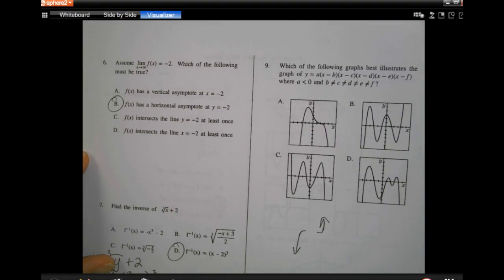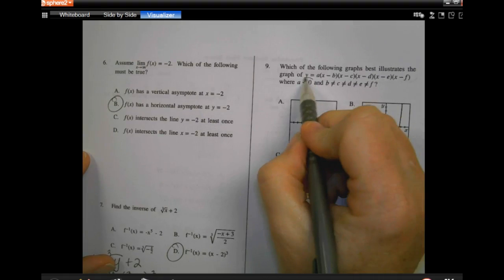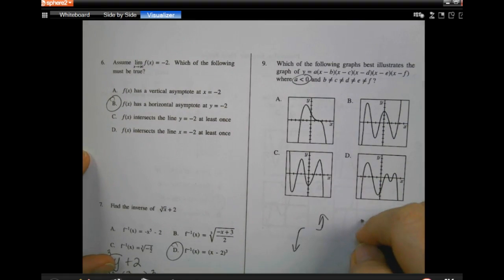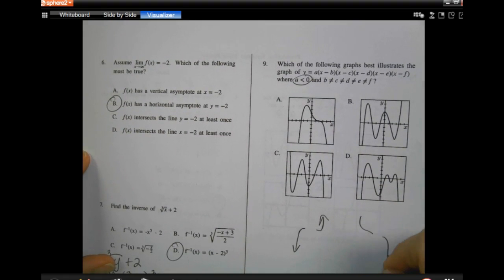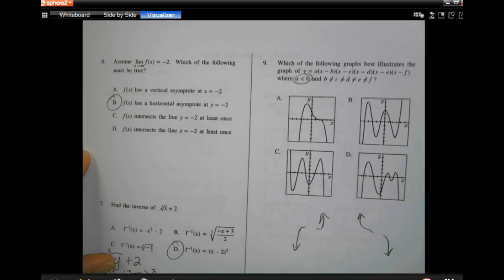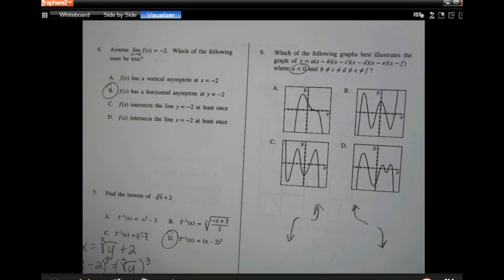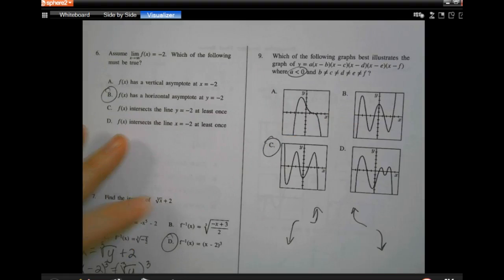It is? Really? Right here? So then the end behavior has to go like this. That's what I was thinking too, Miss. Thanks. Appreciate that. You're welcome. So which one does it have to be? 6.